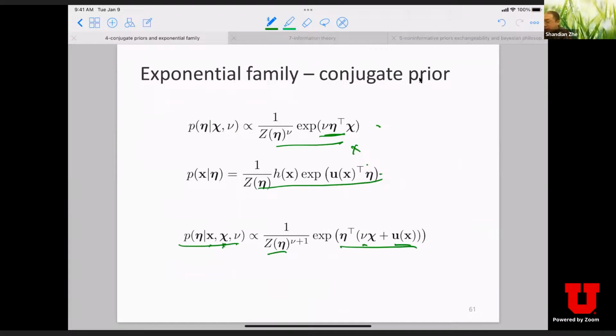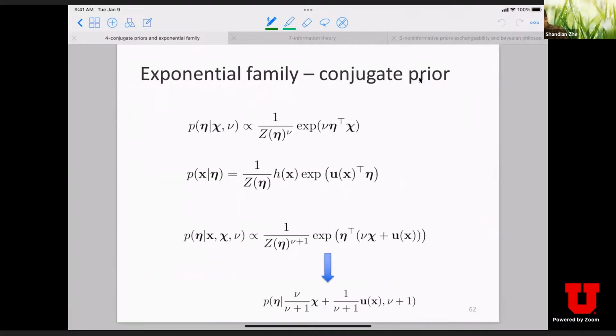Next, we're going to look at whether it has a consistent form of the prior. It's relatively straightforward to see that in the general prior form, the denominator should be z of eta to the power of something. We know that it's to the power of nu plus 1. And in the exponent form, you got eta transpose with something, multiplied by something. We know that the scale which you multiply should be nu plus 1.